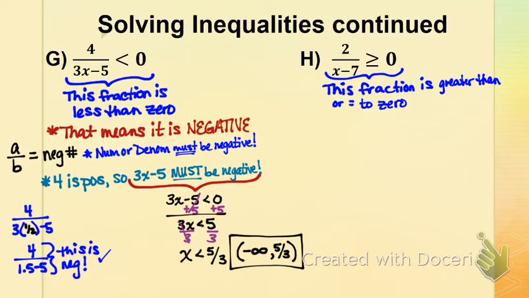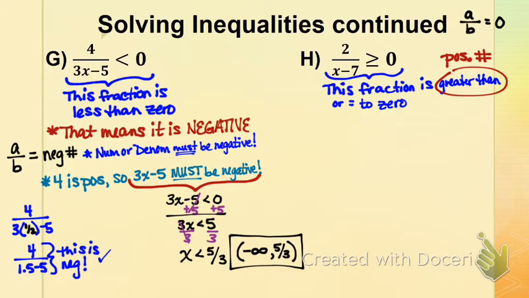If it's greater than 0, it's a positive number. What's the only way to make a fraction equal to 0? Think about my a over b again. If I told you that a over b equals 0, what would you know would have to be true? A is 0.